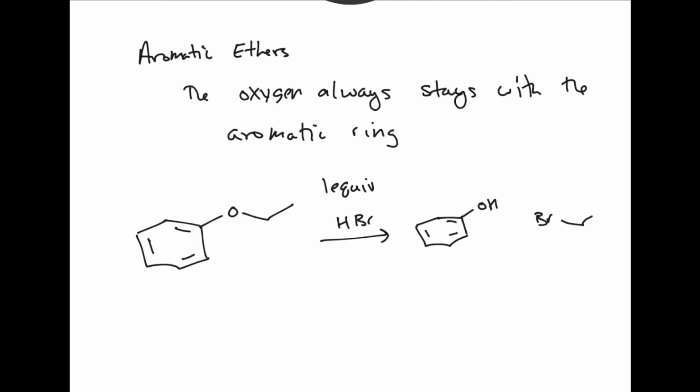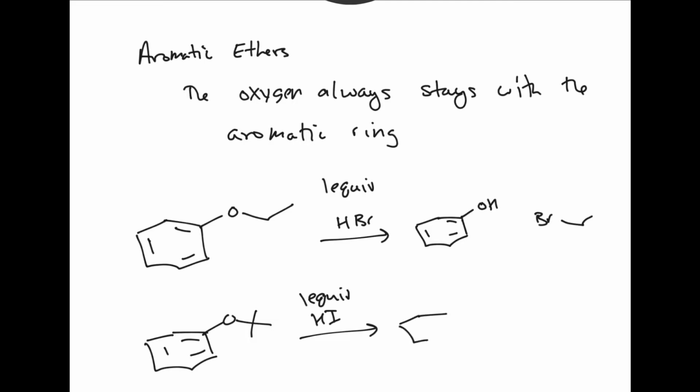So it doesn't matter if you're dealing with a primary carbon or a tertiary carbon. You're always just going to end up with the oxygen staying on the aromatic ring, and the other carbon gets the halide.